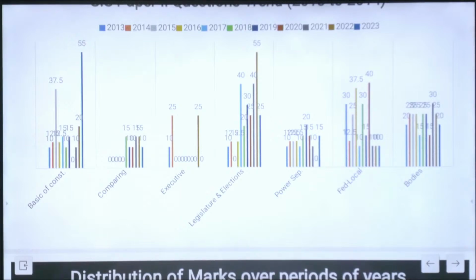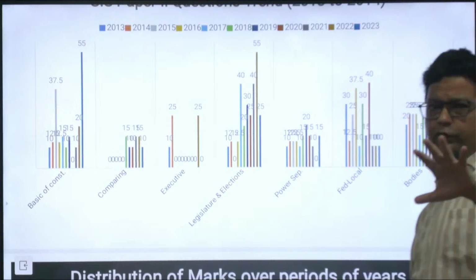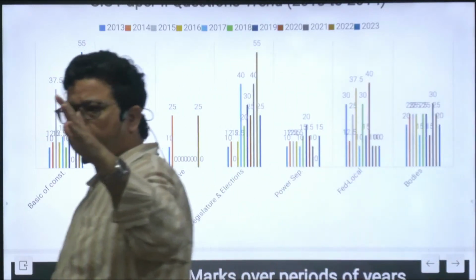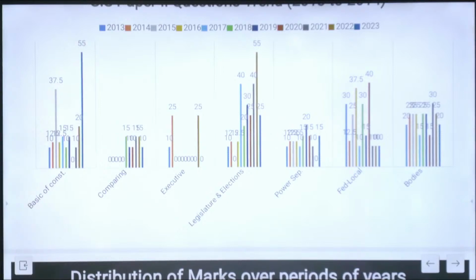Is it clear? Now if you see the pattern of the questions that has been asked over the period after the syllabus was changed in 2013. We have seen the syllabus in the 8 or 9 topics.